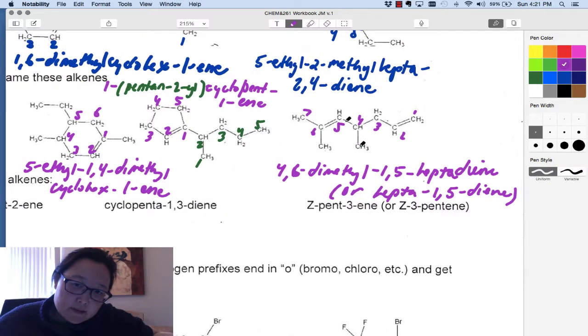And then the last one is a diene, so it's a 1, 2, 3, 4, 5, 6, 7 heptadiene, 4,6-dimethyl 1,5 heptadiene or hepta-1,5-diene. So you could put 4,6-dimethyl hepta-1,5-diene is fine as well.